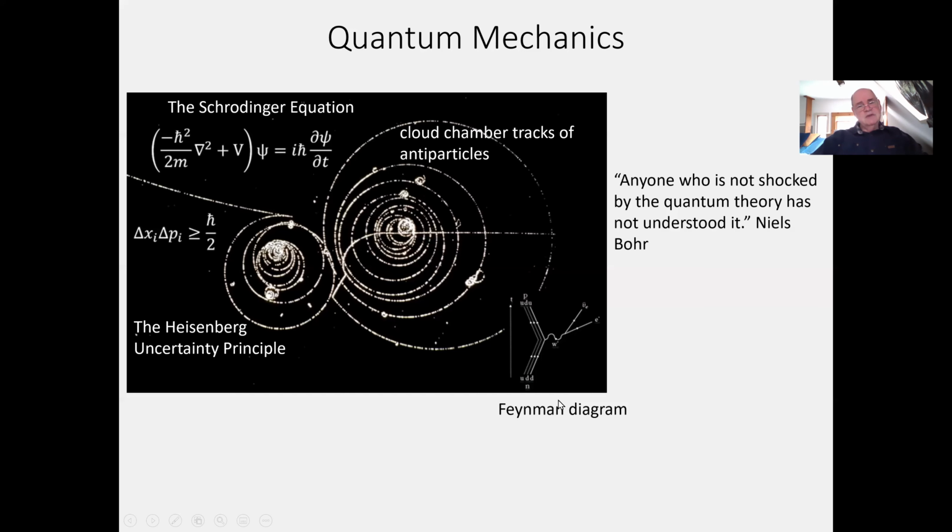And here is a Feynman diagram of the next generation of the quantum theory called quantum electrodynamics, which we will not have time to get into. But here's kind of a montage I got from the web of some of the fundamental icons of quantum mechanics.